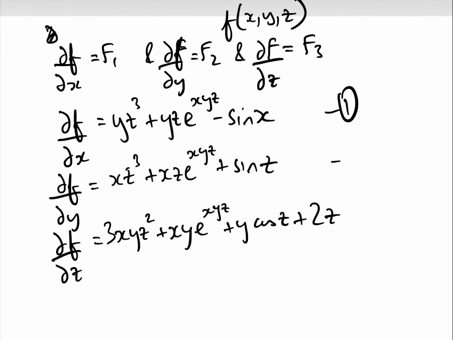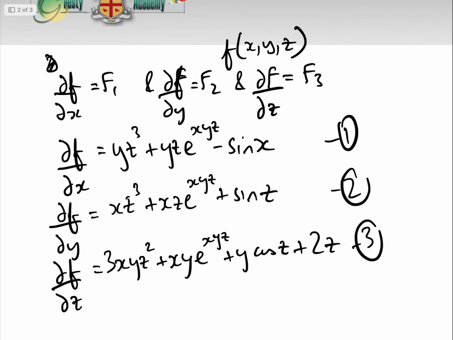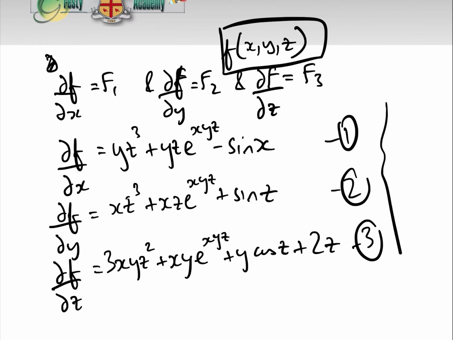Let's call that equation 1, equation 2, and equation 3. So this is what we're going to do to find the potential function F of xyz, subject to these three criteria, which we are given, and we know because the capital F is a conservative vector function.